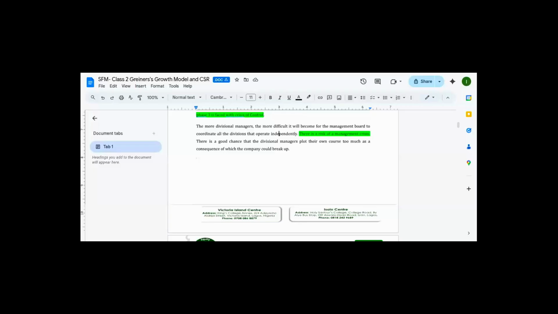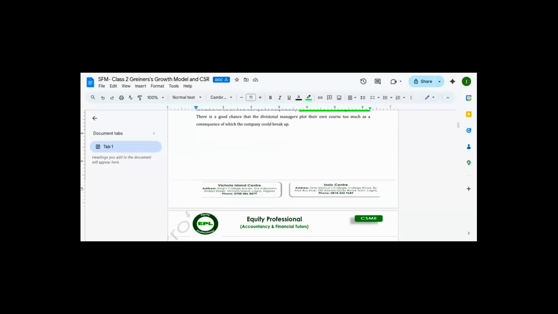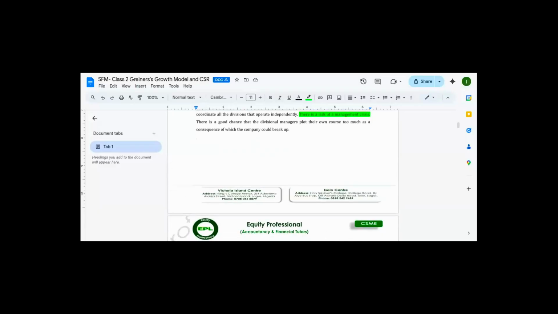So due to the creation of a large number of divisions, SBUs, there is a risk of management crisis that we call control crisis. With experience, team building, synergy, this management control crisis can be overcome by the top management.